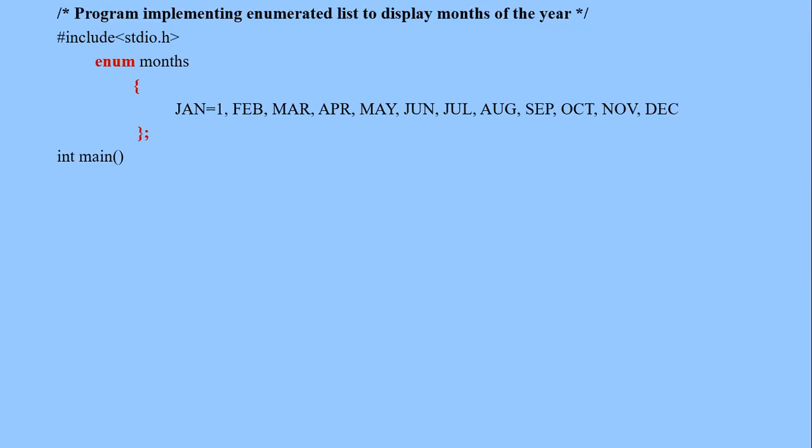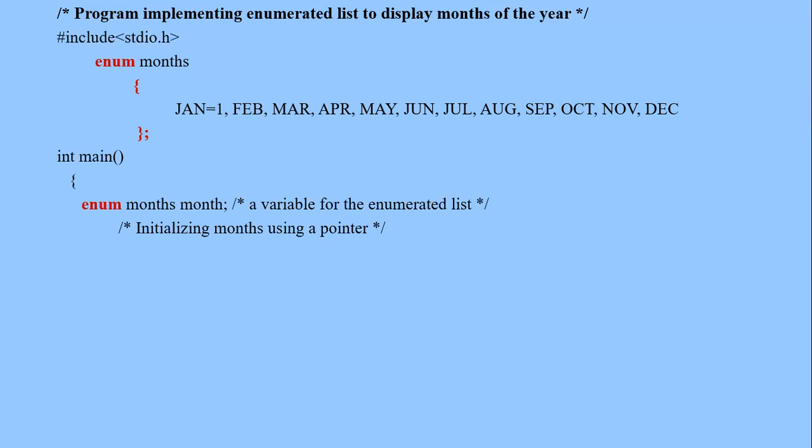Then our main function is here, and then we declare a variable for manipulating the contents of our enumerated list. In this case, it is month. So enum months, month. Simply it means that month is a variable for the user-defined data type called months. So we then initialize months using a pointer.